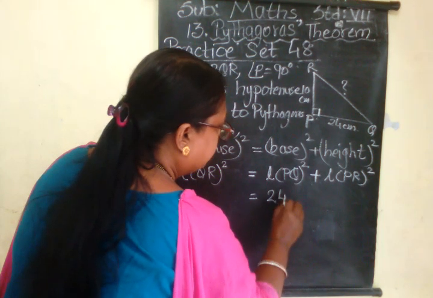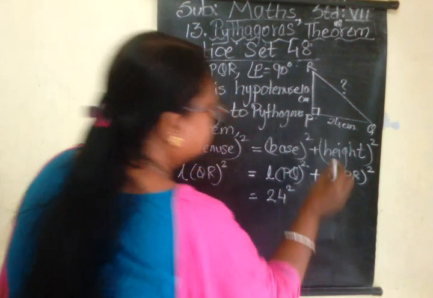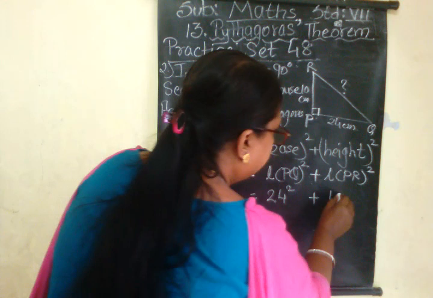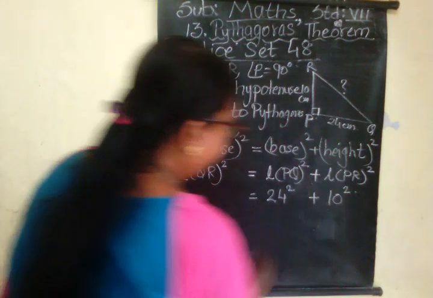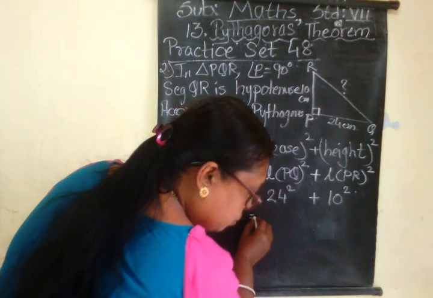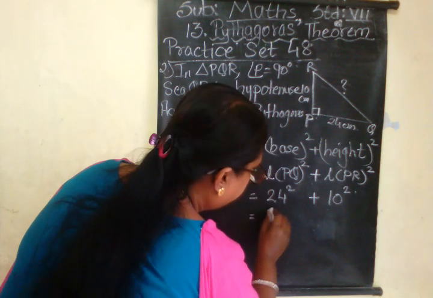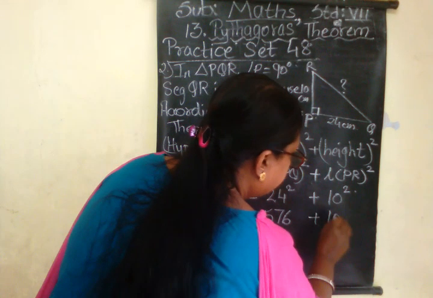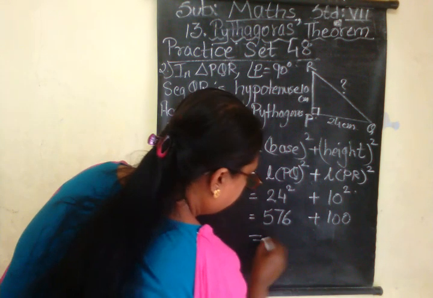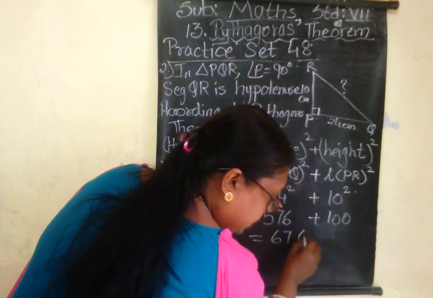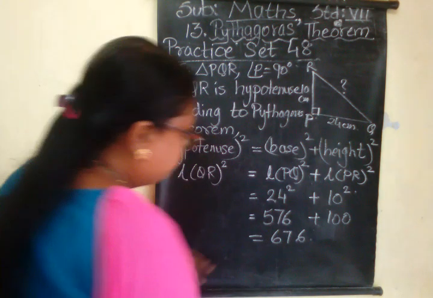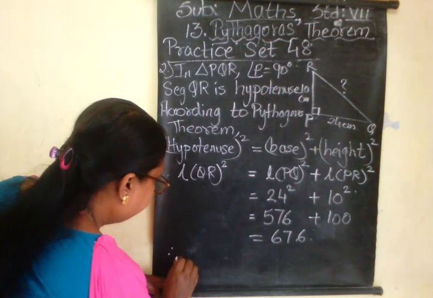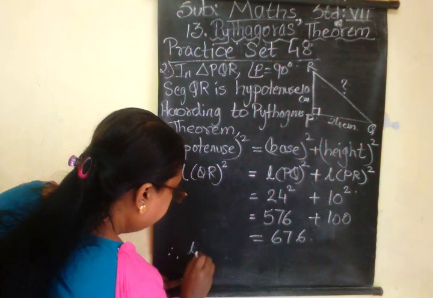So here it becomes 24 square plus PR is 10 square. Right? So 24 square will give us 576 plus 10 square gives us 100, which equals 676.